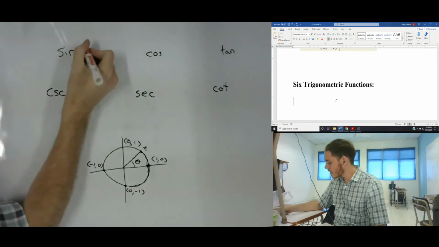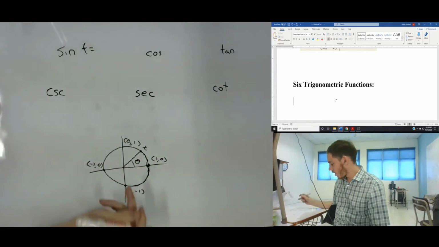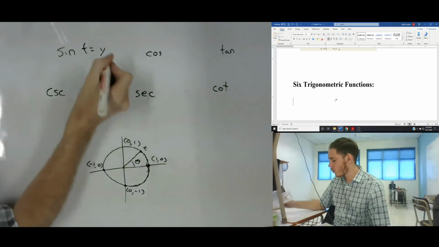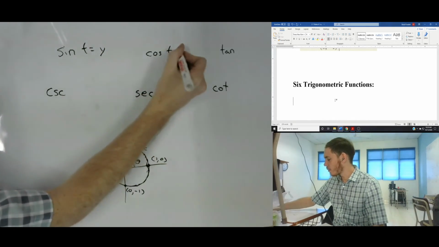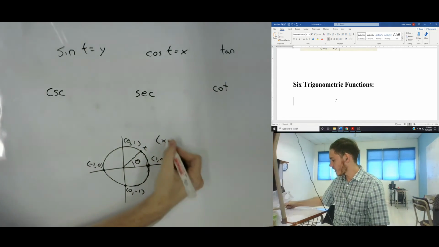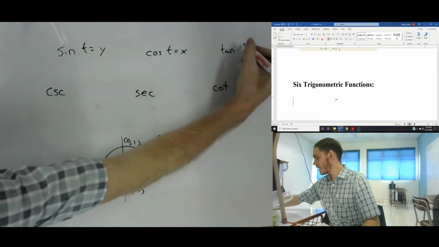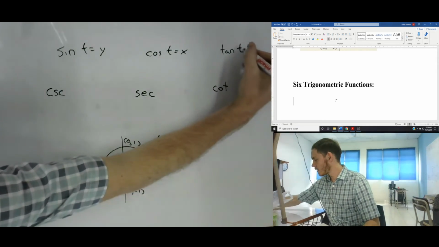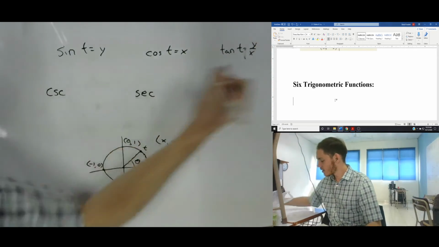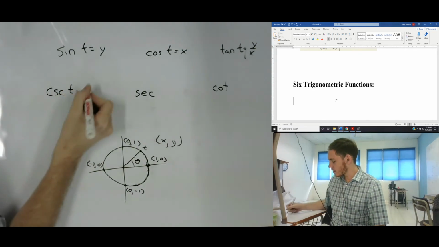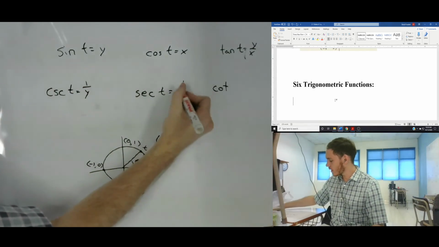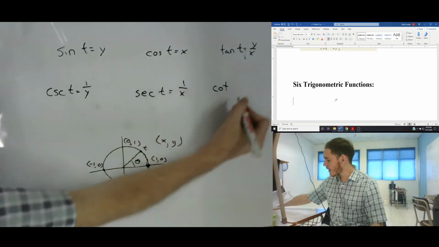Now, if we take the sine of a point on the unit circle, this is going to equal our y. Cosine of that point is going to be the x value of that point, x comma y. Tangent of that point is going to be equal to y divided by x. Cosecant of that point is going to be 1 over y. Secant is going to be 1 over x.